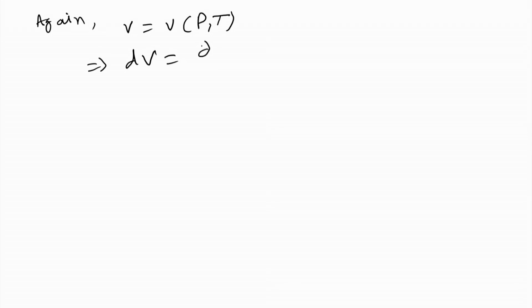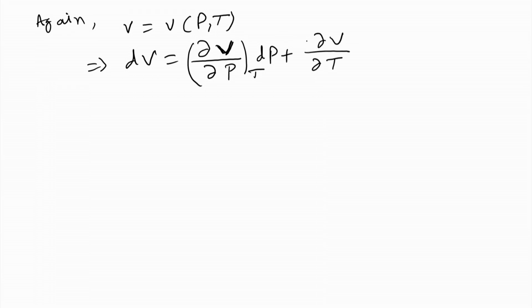Again, V is also a function of pressure and temperature. If we change pressure and temperature, V also changes, right? We know. So we can write dV like this.